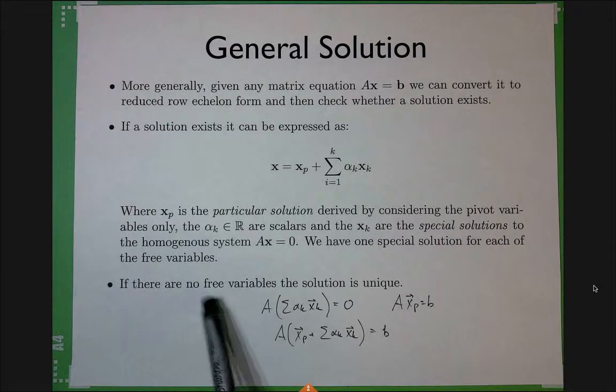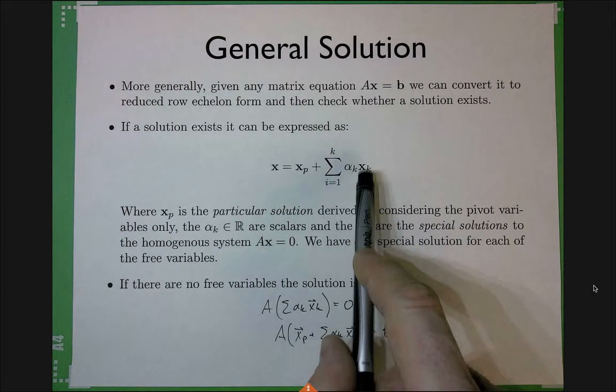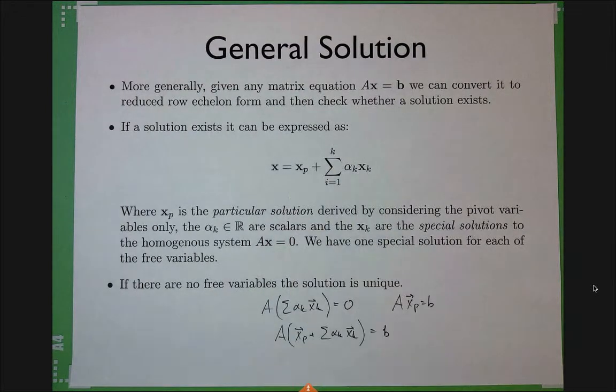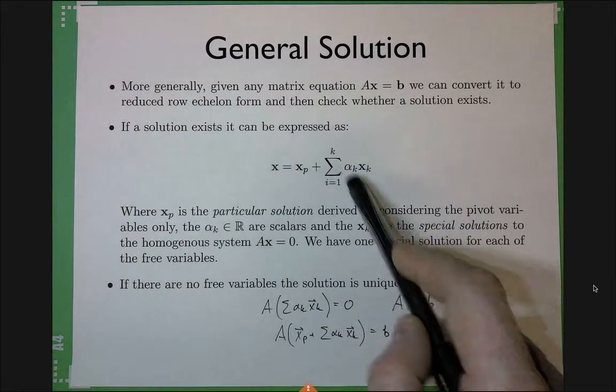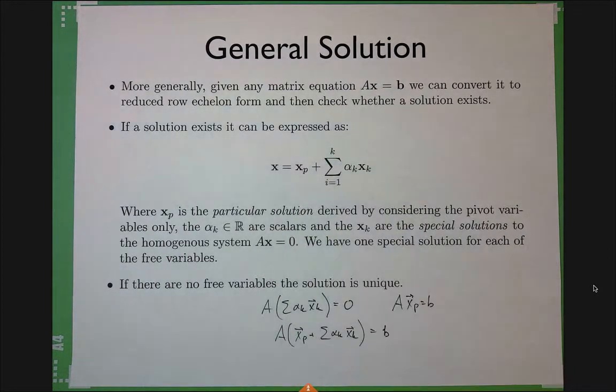So in the special case, if there are no free variables, if we have the maximum number of pivots, then this is nothing. This is just a 0 vector, and the solution is unique. Just the particular solution would be the solution. In the general case, there are some free variables, and then we have an infinite number of solutions, and all the solutions can be characterized like this. So that's the general case.